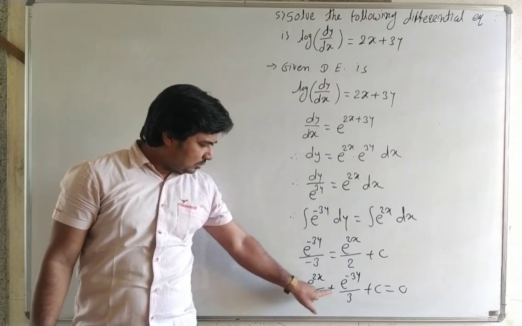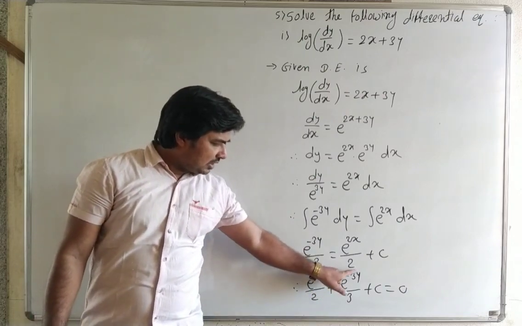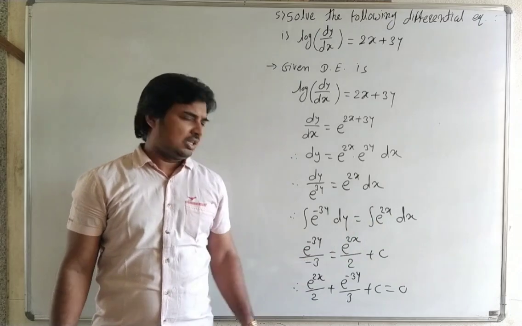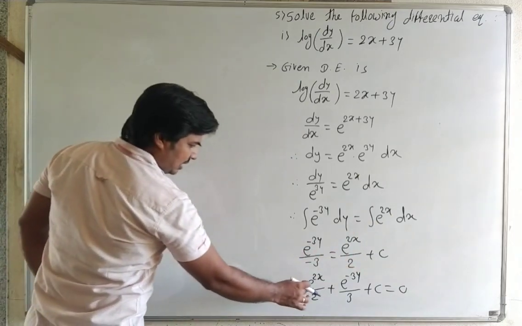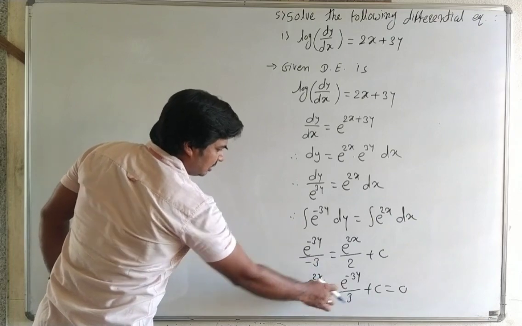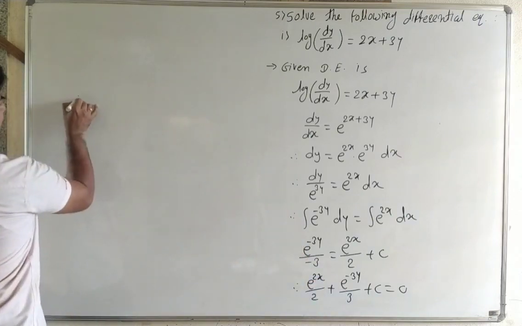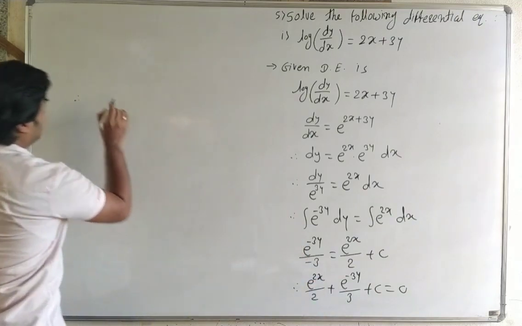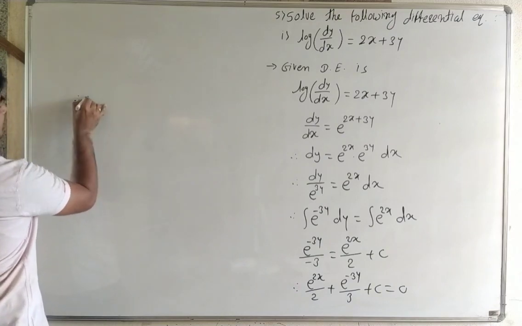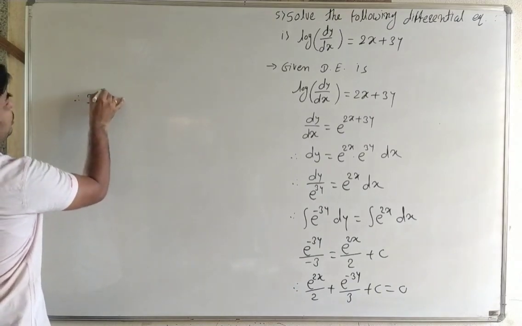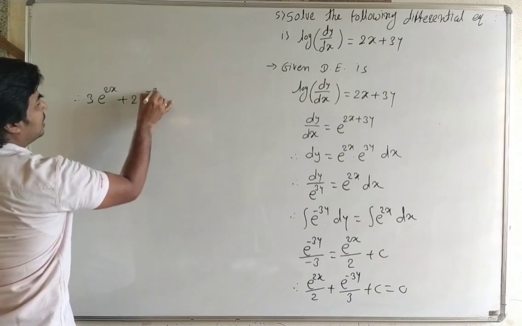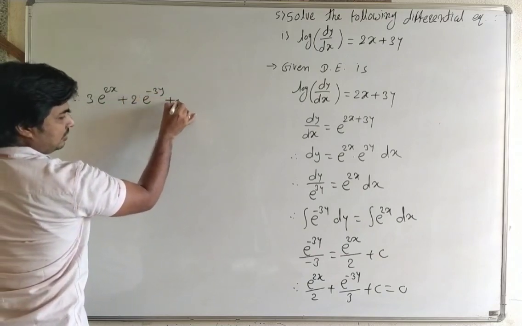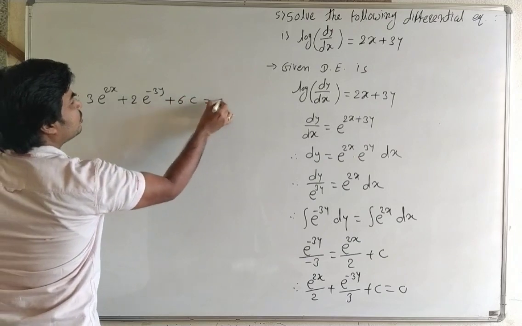This is sufficient, but we can also multiply by 6. Then this can be written as 3 into e to the power 2x plus 2 into e to the power minus 3y plus 6c is equal to 0.